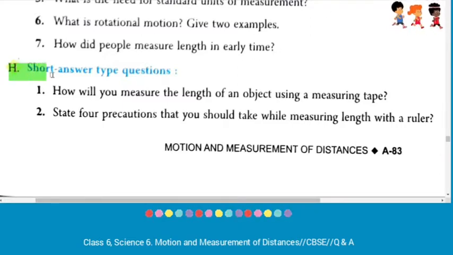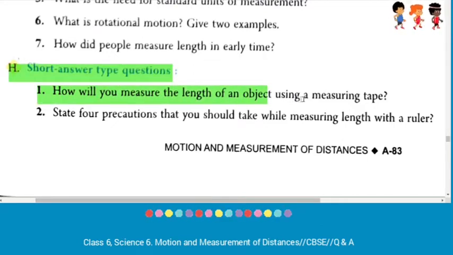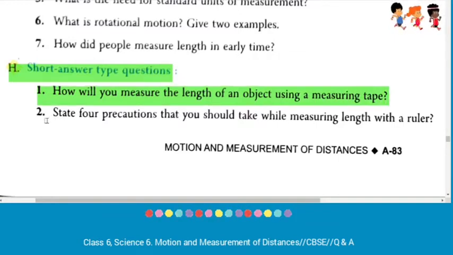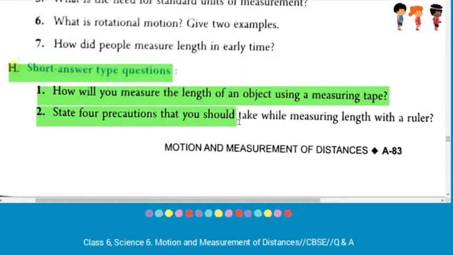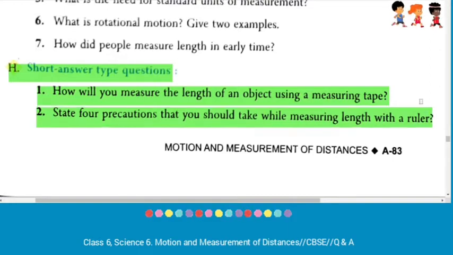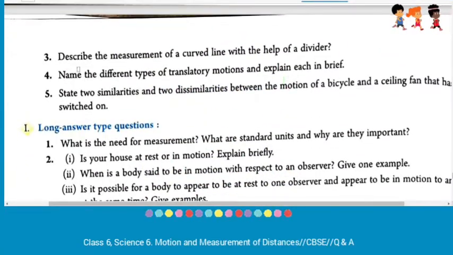Section H, short answer type questions. First question is, how will you measure the length of an object using a measuring tape? Second question is, state 4 precautions that you should take while measuring length with a ruler. Third question, describe the measurement of a curved line with the help of a divider.